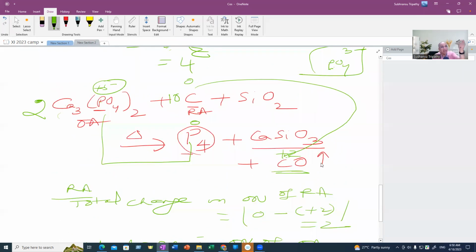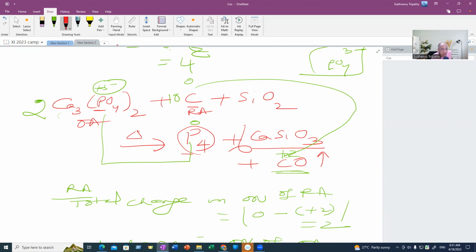After this, it is a left hand game. Rest part you do it in your left hand. Right hand is not required. So what do you have to do? Calcium 3 to the 6, you have to multiply here by 6 to equalize calcium. And then phosphorus is already balanced, 2 to the 4, 4.